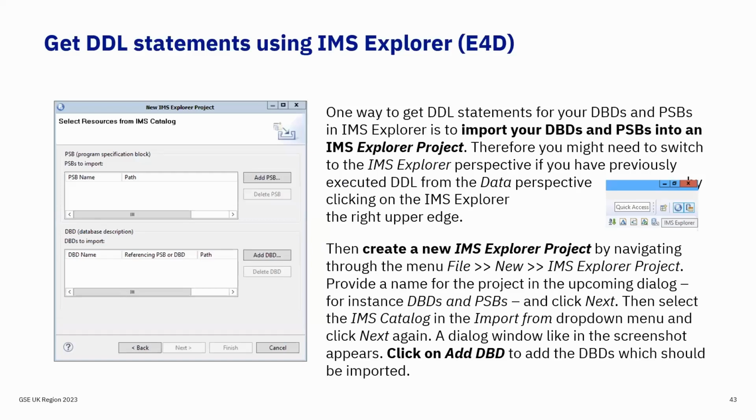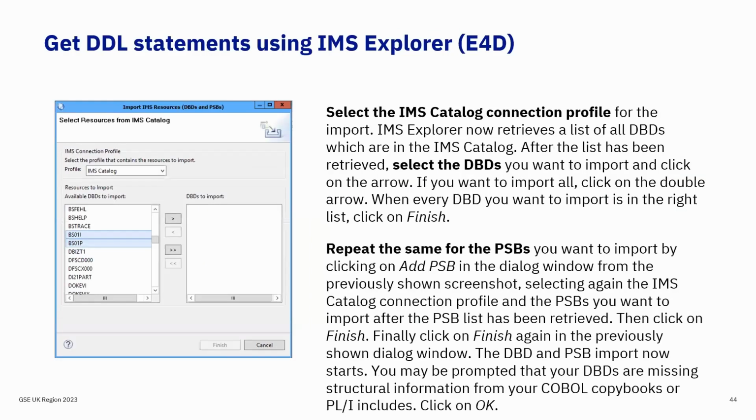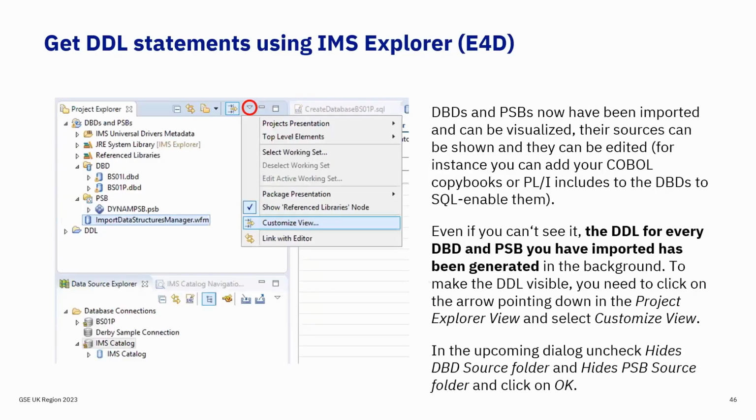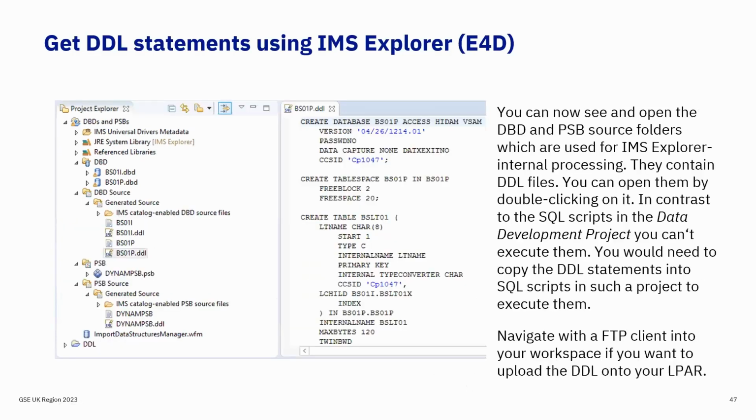One way to do that is you can use your IMS Explorer for development, right? You can import your DBDs and PSBs. And when you import your DBDs and PSBs, you can go into the Project Explorer, and once you've imported them, the DDLs are automatically created for you.